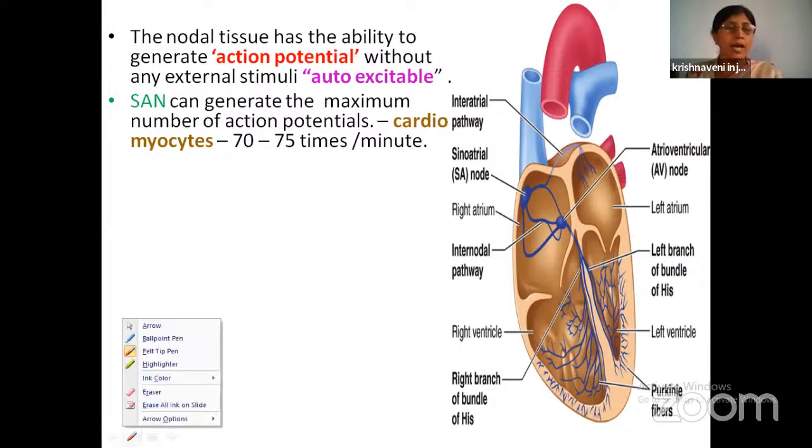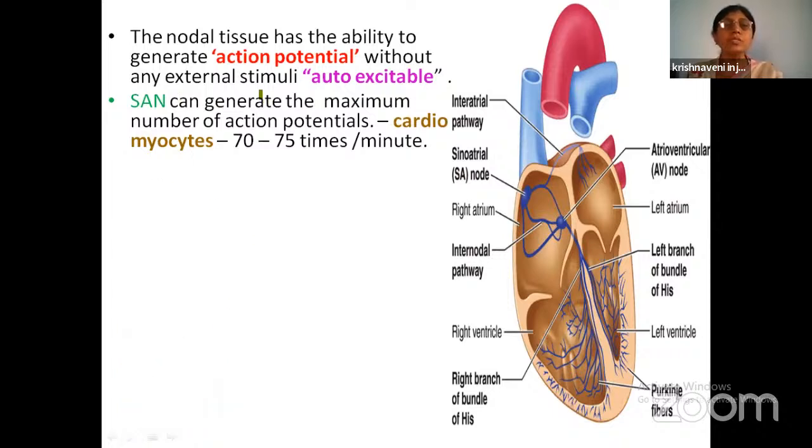Now I will take the highlighter. This is auto-excitable. The sinoatrial node can generate the maximum number of action potentials. This is the SA node, the sinoatrial node, which is located in the right upper corner of the right atrium.